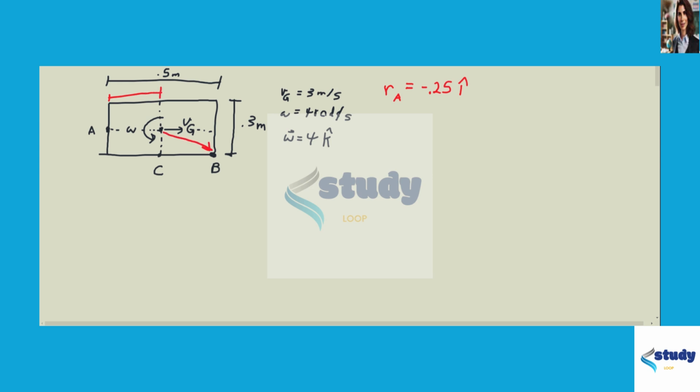B, on the other hand, will be at an angle, so we'll have r_B equals 0.25 i-hat minus 0.15 j-hat.